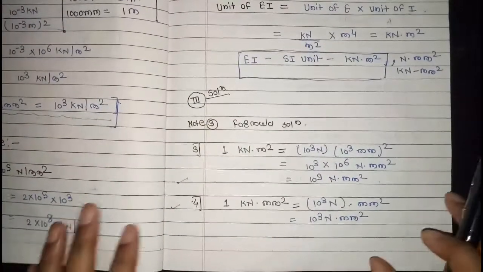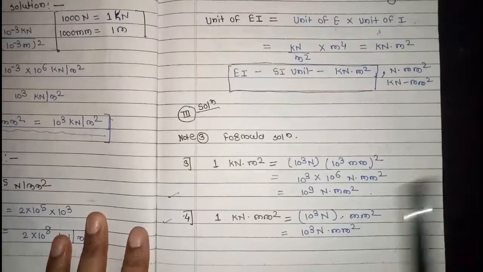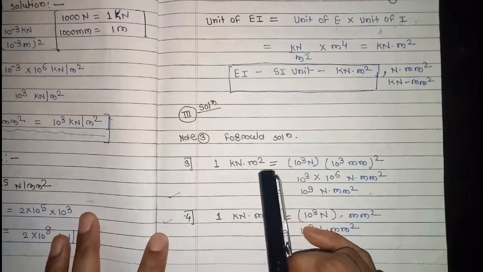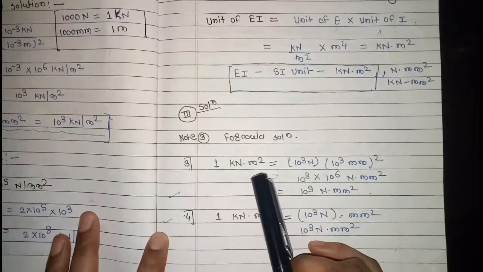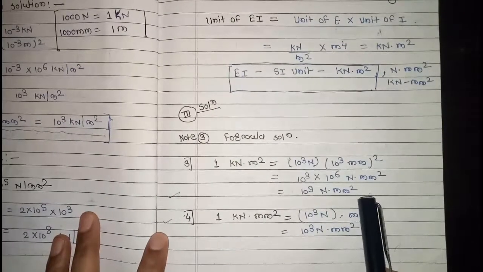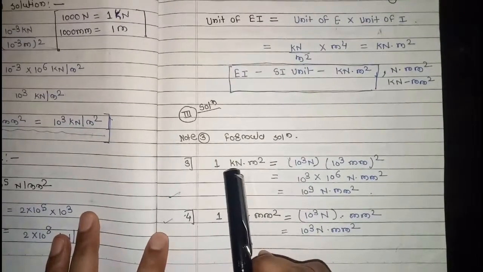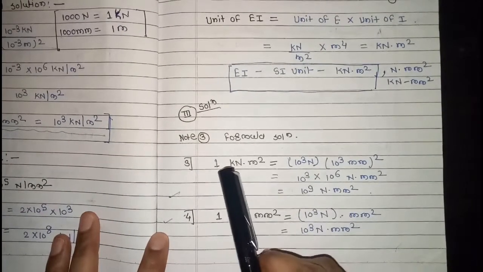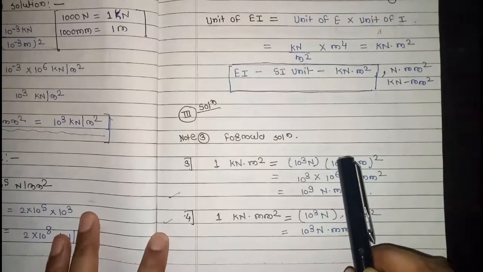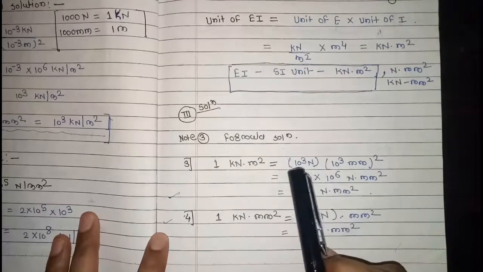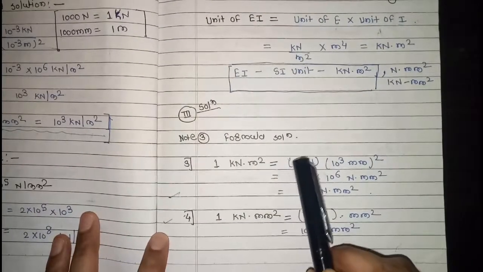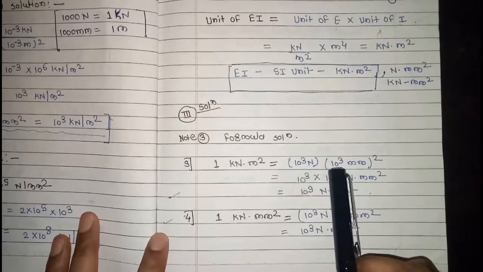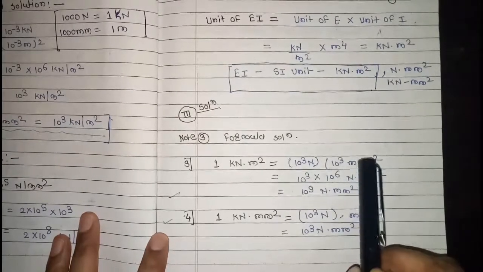So third conversion, 1 kilonewton meter square, convert to Newton per mm square. 1 kilonewton is equal to 10 cube Newton, right? And 1 meter square is equal to 10 cube mm square, right? So we write 10 cube Newton in bracket 10 cube mm whole square.